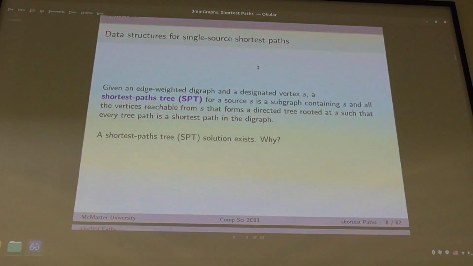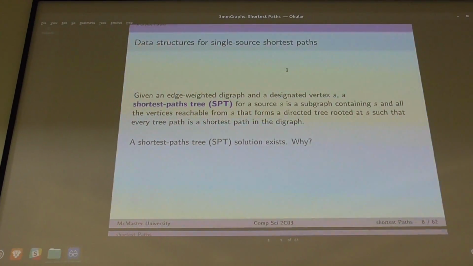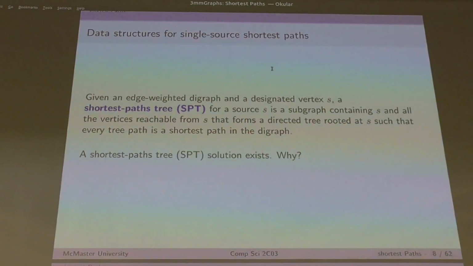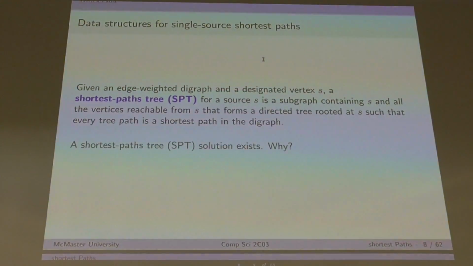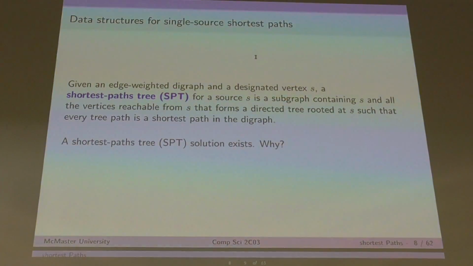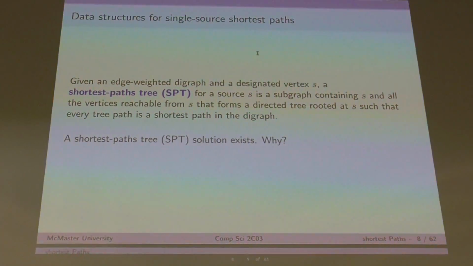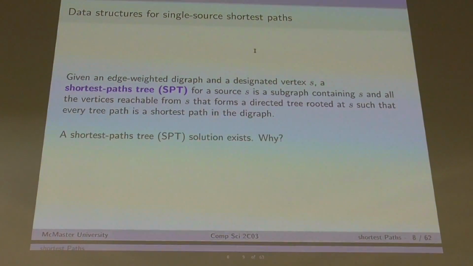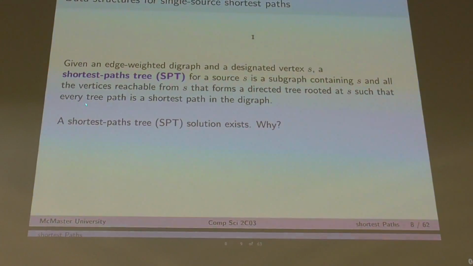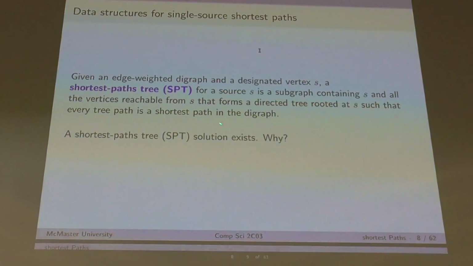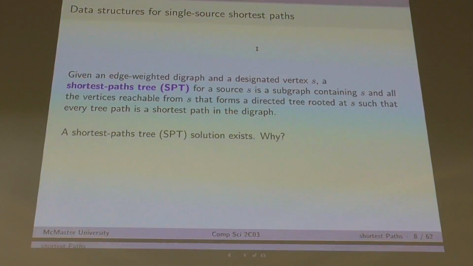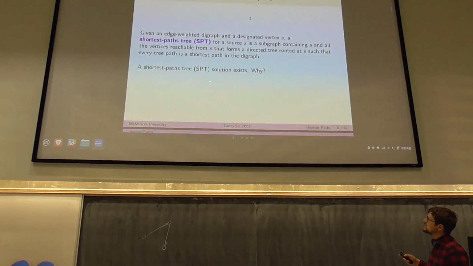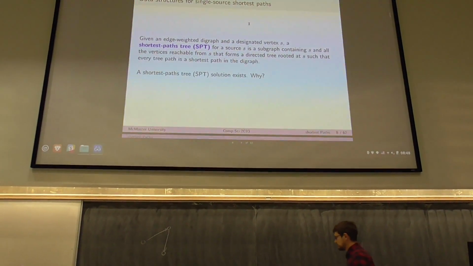Given an edge-weighted digraph and a designated vertex S, a shortest paths tree, which is quite the mouthful, I'm probably just going to call it a shortest path tree. A shortest path tree for a source S is a subgraph containing S and all the vertices reachable from S that form a directed tree rooted at S such that every path through the tree is a shortest path in the digraph, which is quite the description. A shortest path tree solution exists, which we'll talk about.